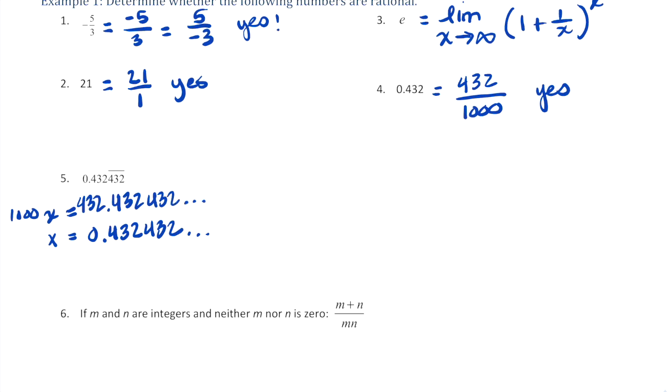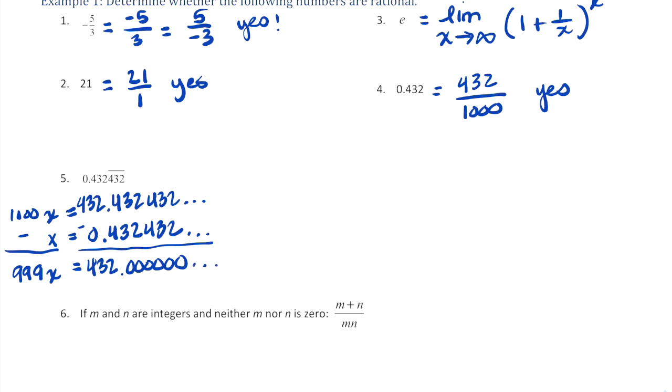Well, what if I subtract? What would I get on the left side? Great, 999x. And then that would equal 432.000000, etc. It would go on and on like that, right?